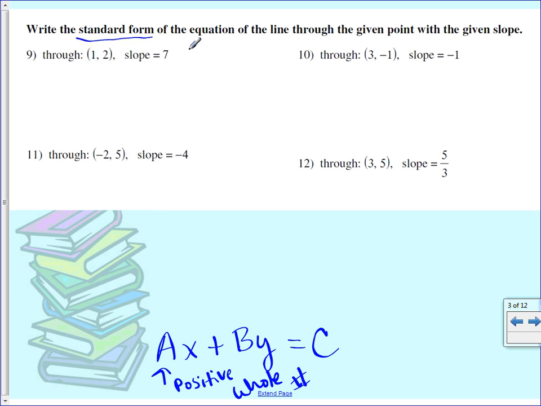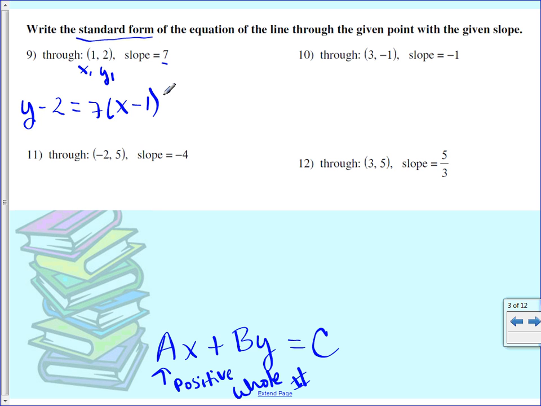So I know that I am given x1, y1, and a slope of 7. I can use my point-slope formula. So I've got y minus y1 equals m for my slope, which is 7, times x minus x1, which is 1.